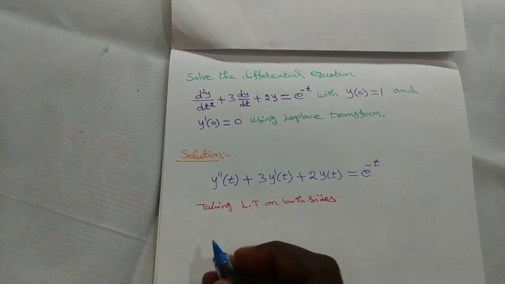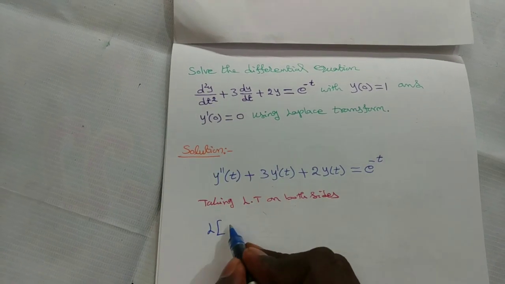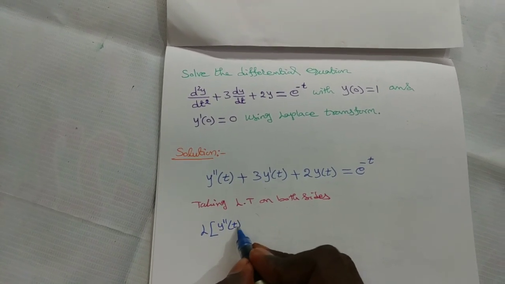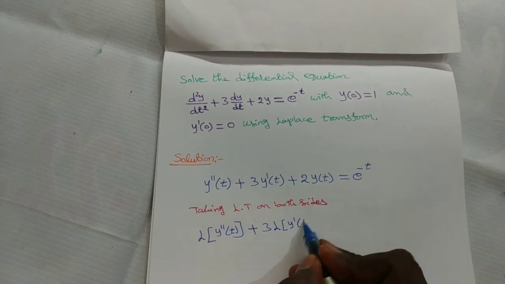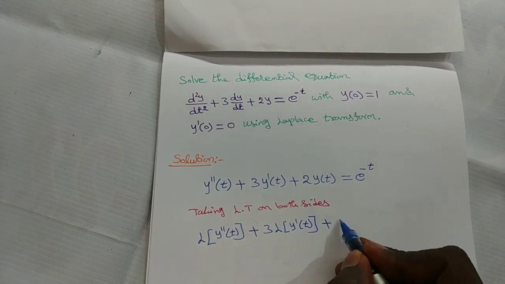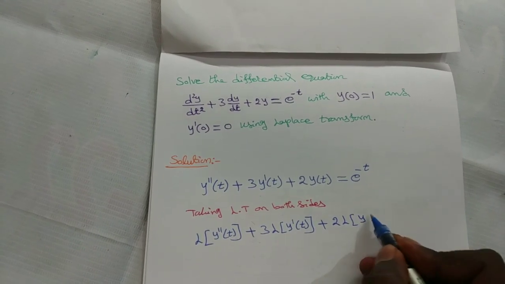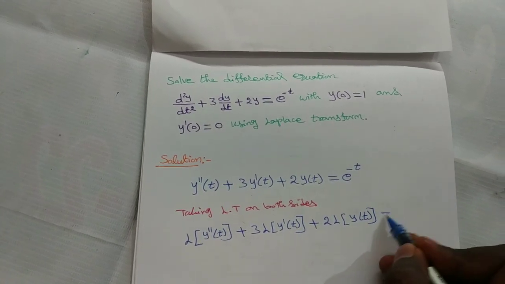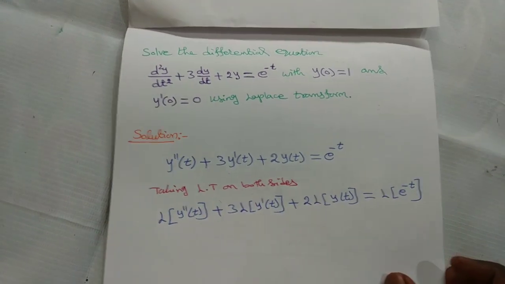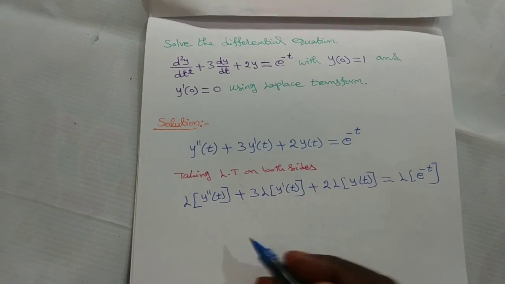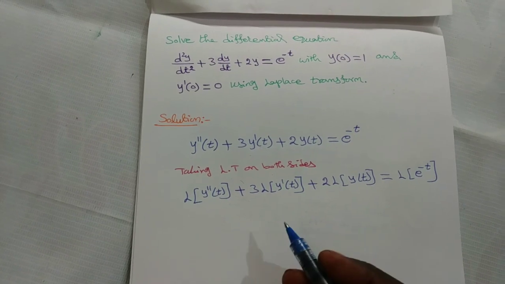Taking the Laplace transform: L of y''(t) + 3 into L of y'(t) + 2 into L of y(t) is equal to L of e^(-t). Now I am going to apply the formulas we already know.